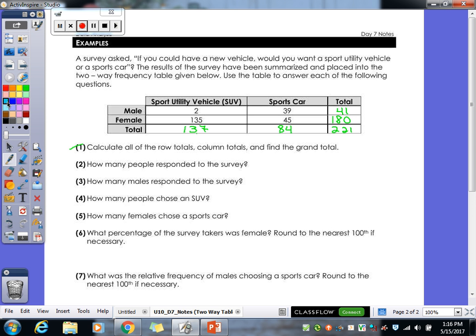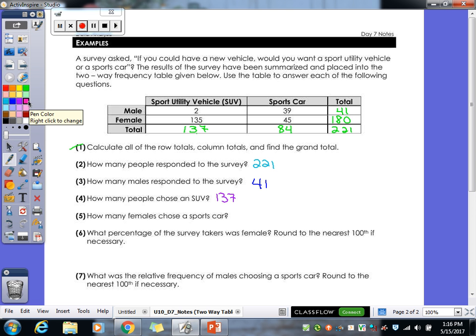Okay, question 2. How many people responded to the survey? 221 people responded. That is our grand total. How many males responded? 41. How many people chose an SUV? 137.